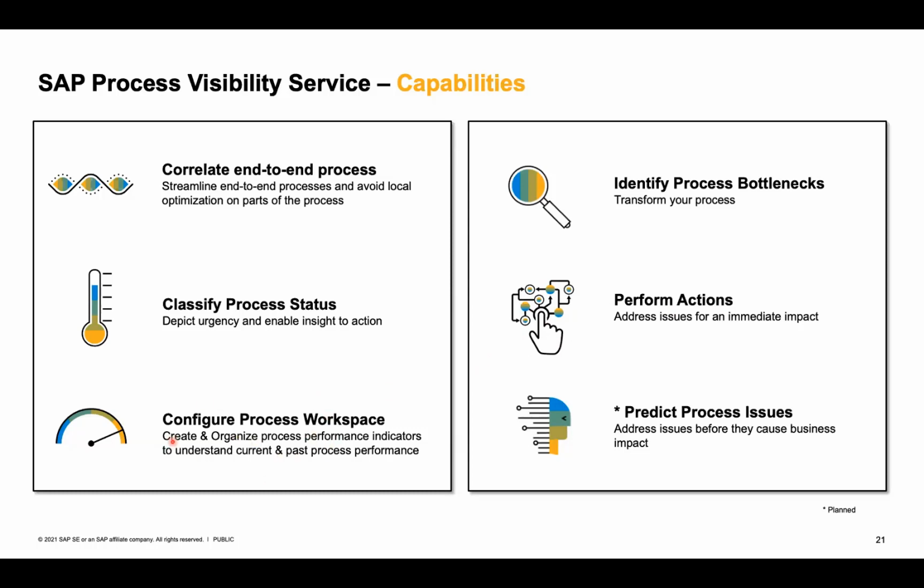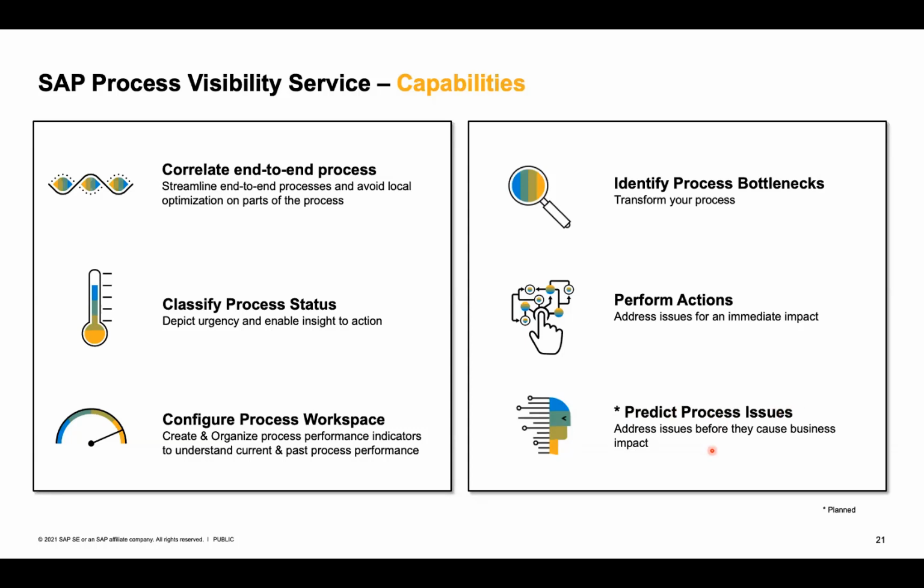We can have own workspaces for these processes for different use cases. You will see we have dashboards to show different performance indicators. We can correlate processes. So let's say process A, something happens. How does that relate to something that happens in process B? And then here you see as a planned capability, predict process issues.